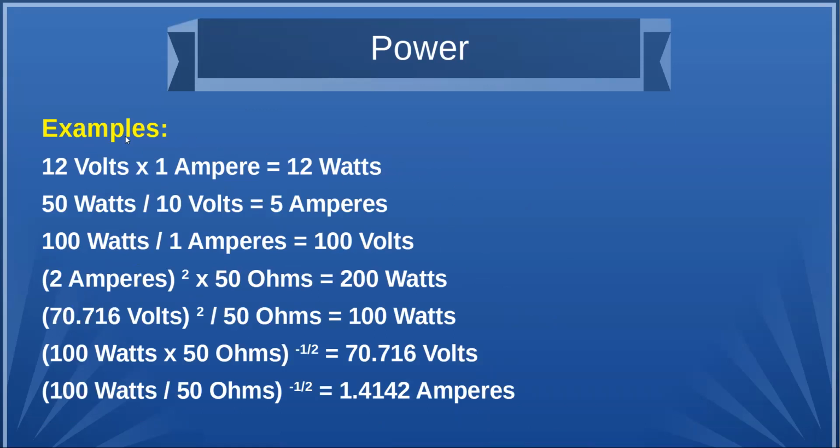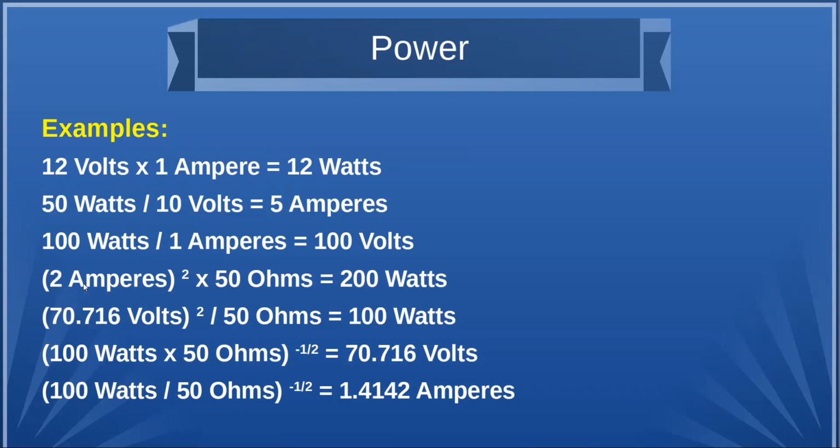So some examples of power calculations. If I got 12 volts at 1 amp, it's 12 watts. If I had 50 watts at 10 volts, there's 5 amps of current. If I had 100 watts at 1 amp, it's 100 volts because I'm dividing power by current.